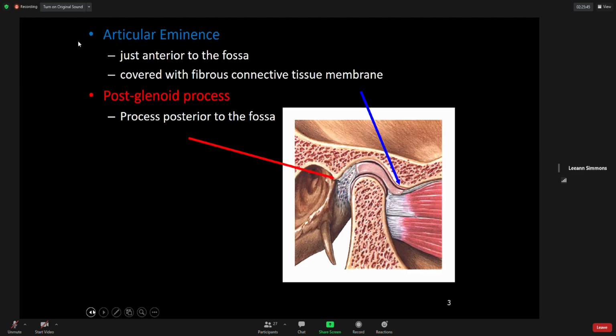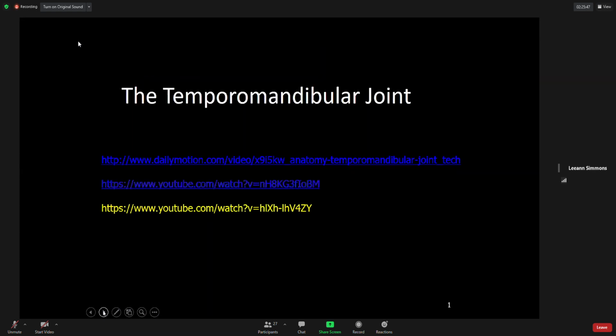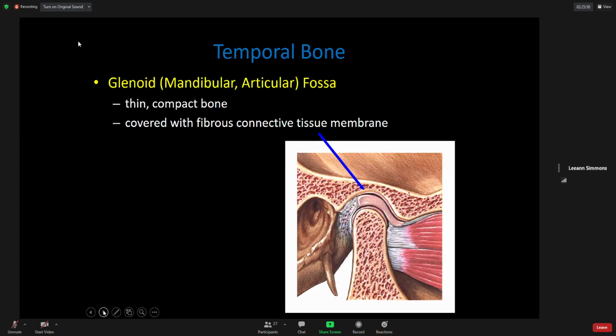Okay, so the TMJ consists of the mandibular fossa of the temporal bone, as well as the condyle of the mandible. And again, you know where that fossa is. You have it labeled on your skull here, okay?